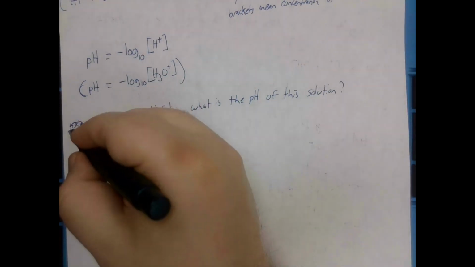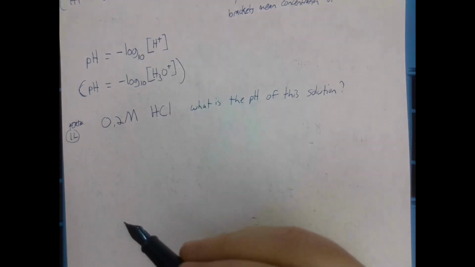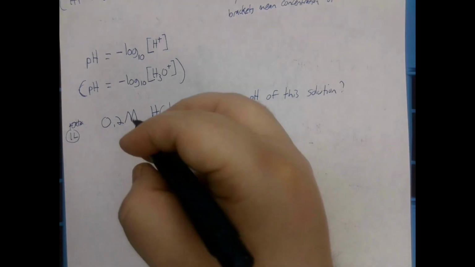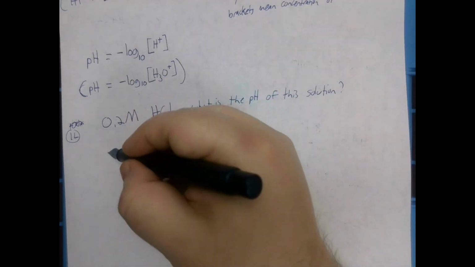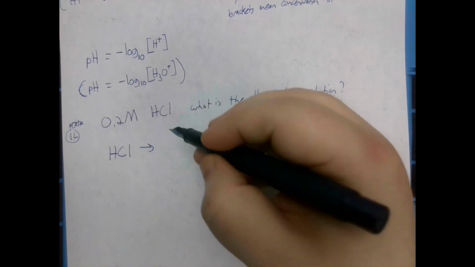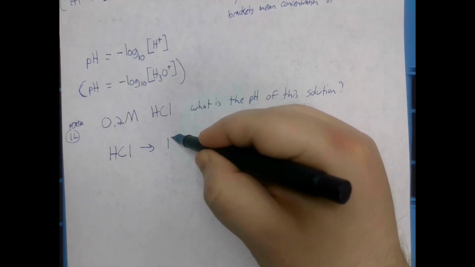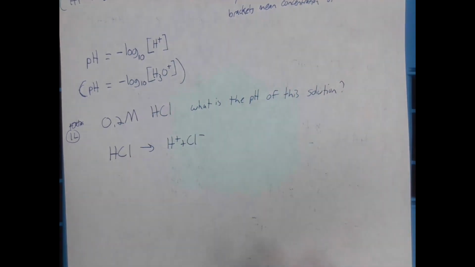It doesn't really matter what the volume is. You can always make up any volume. Volume is not going to make any difference. pH does not depend on volume. So HCl, when dissolved in water, will dissociate into H plus and Cl negative ions.